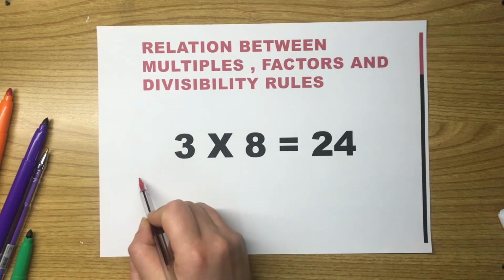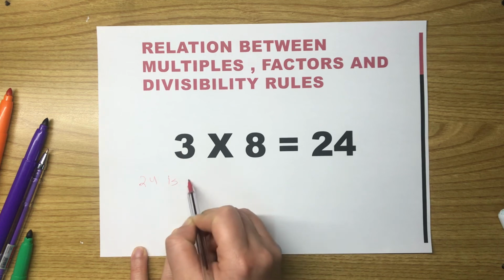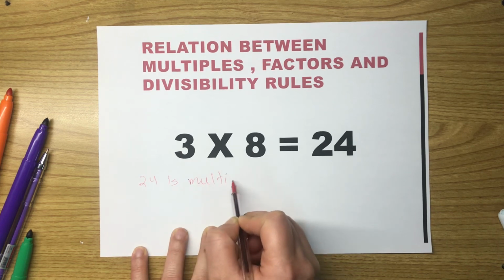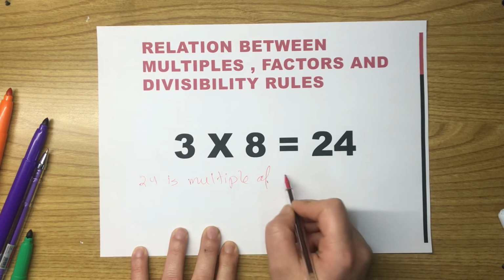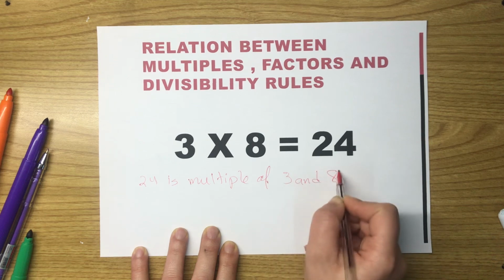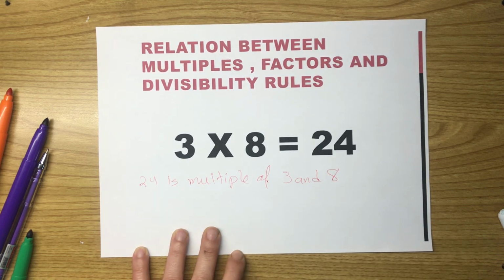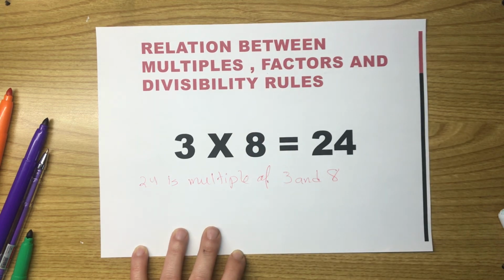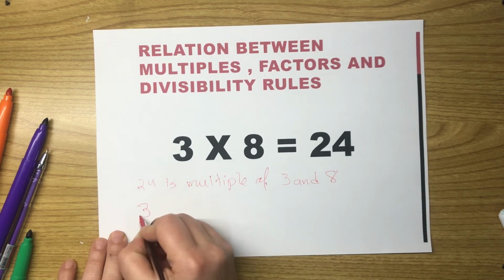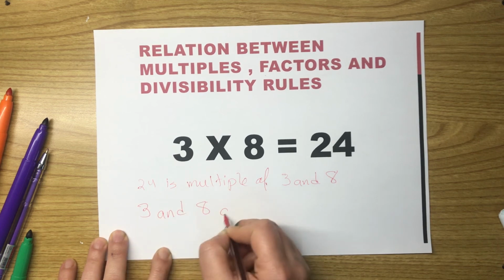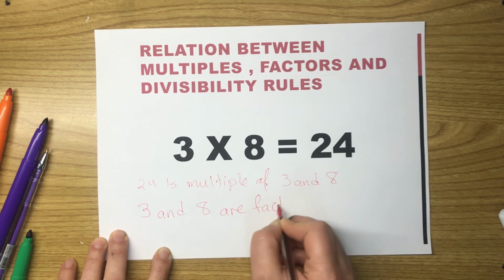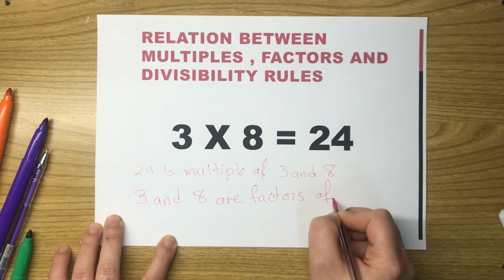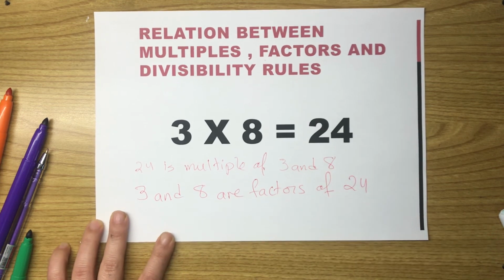So 24 is a multiple of 3 and 8. What else? Factors. Find me something about factors. 3 and 8 are factors of 24. Bravo. What else?